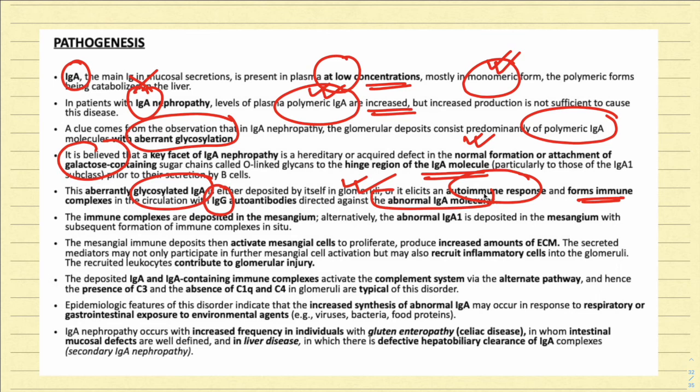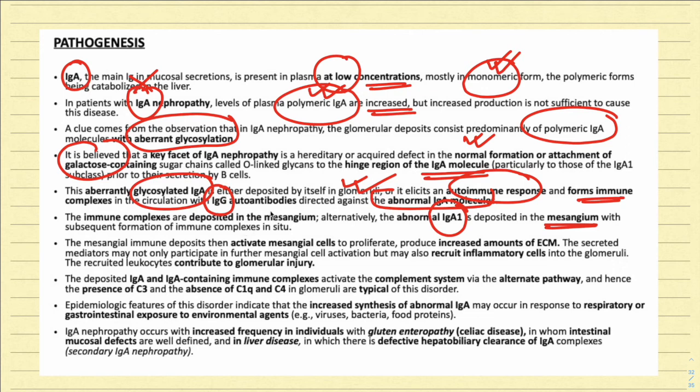There is immune complex formation with regards to the abnormally glycosylated IgA, and these IgG autoantibodies go and deposit in the mesangium containing the abnormal IgA. Out of the different kinds of immunoglobulin A, immunoglobulin A1 is deposited in the mesangium with subsequent formation.